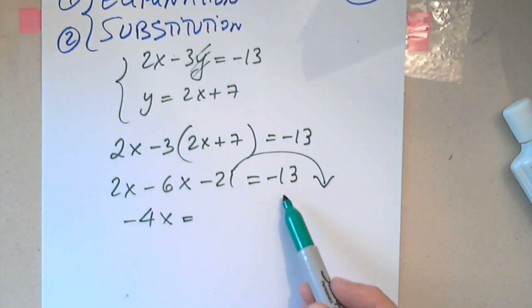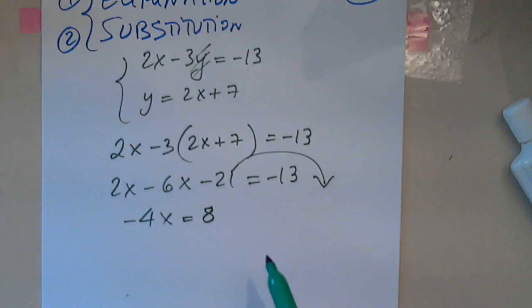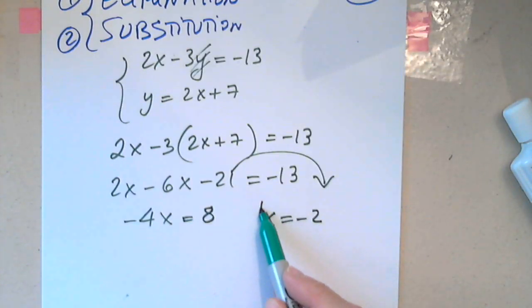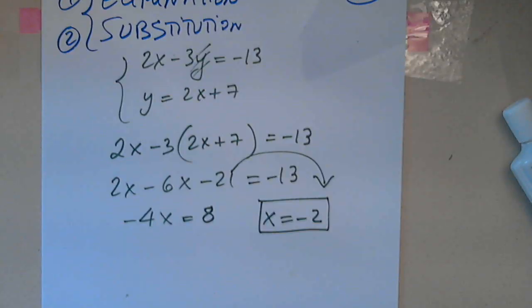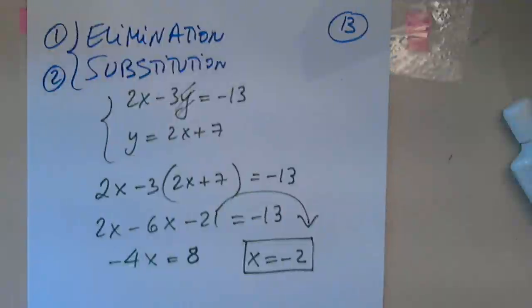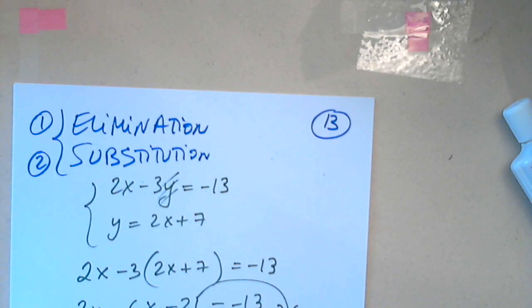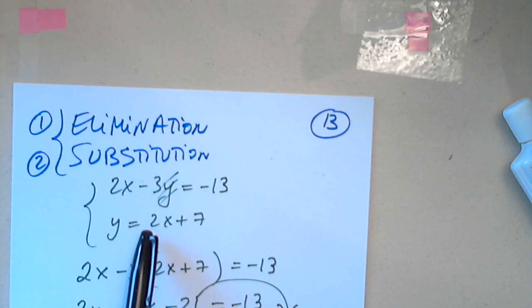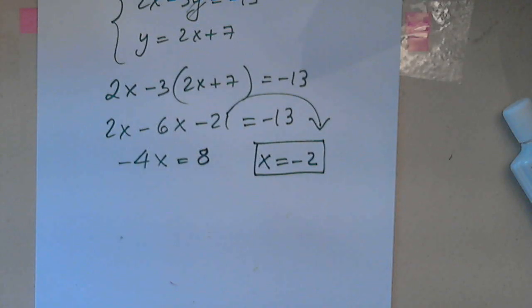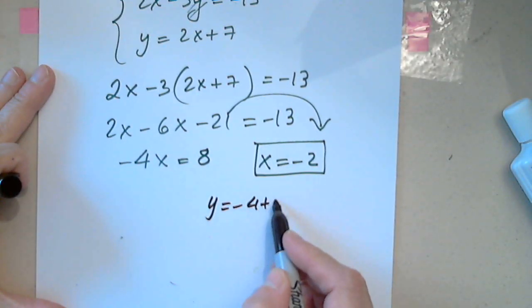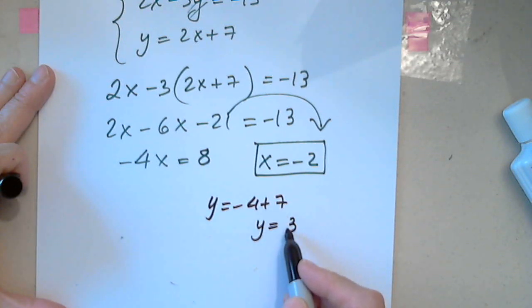So 21 minus 13 is 8. So then x equals negative 2. Is it done? No, it's not, because I have to find y. I go back and replace here. 2 times negative 2. So then y equals negative 4 plus 7, or y equals 3.